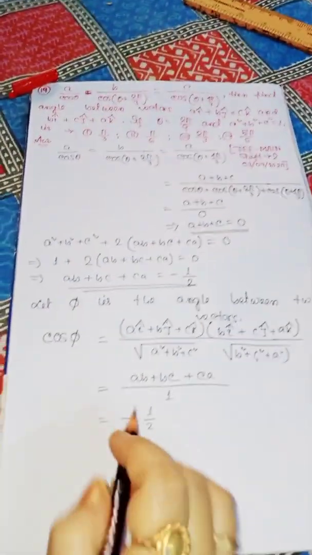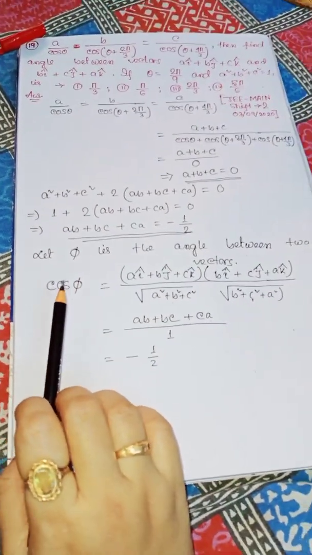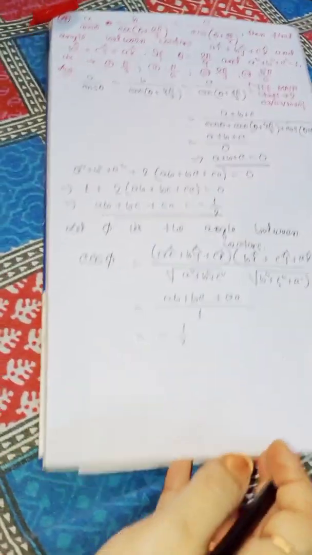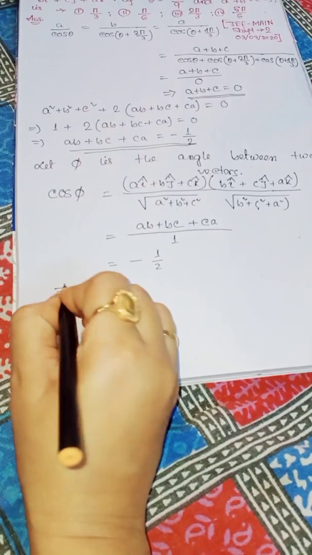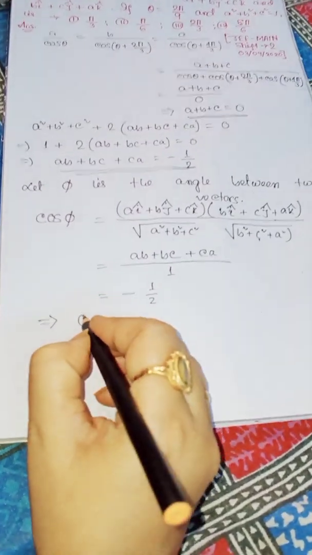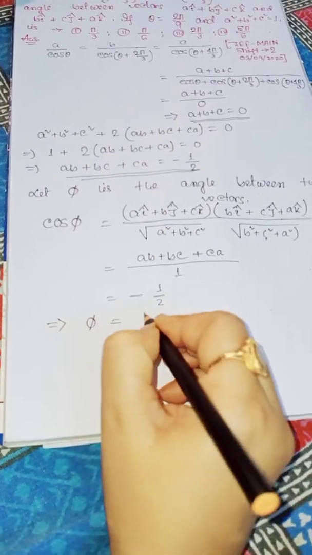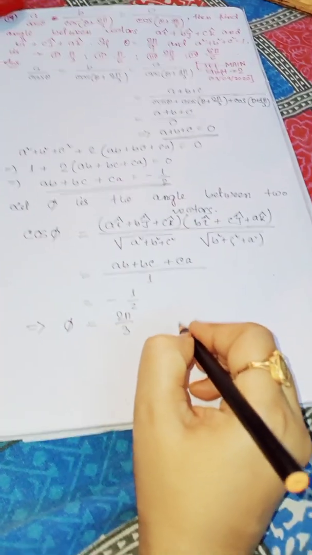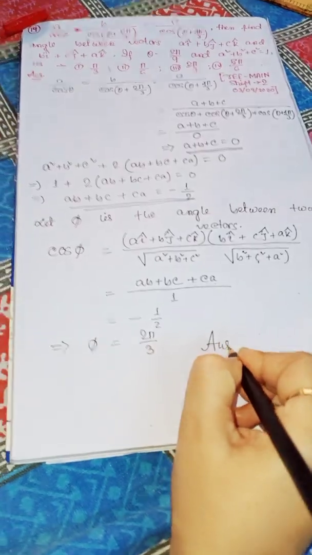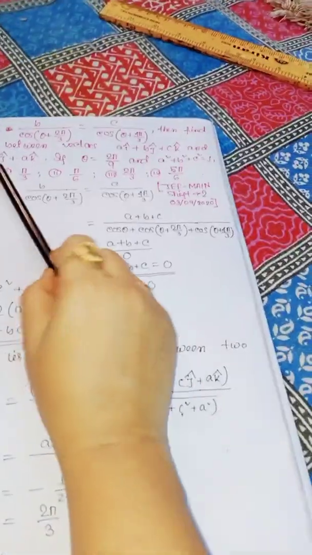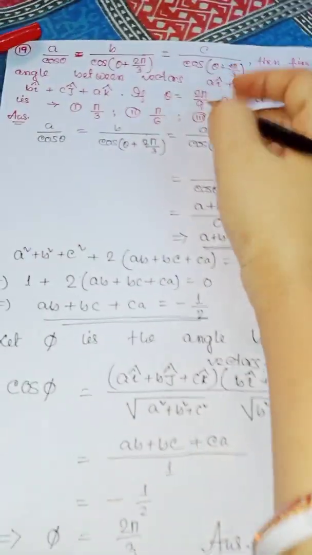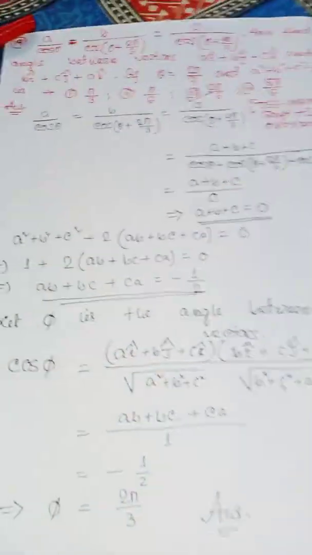So we reached that cos of phi is equal to minus half. That implies phi is equal to 2 pi by 3. It is our required answer, because the question asks for the angle between the two vectors. So our option is option 3.